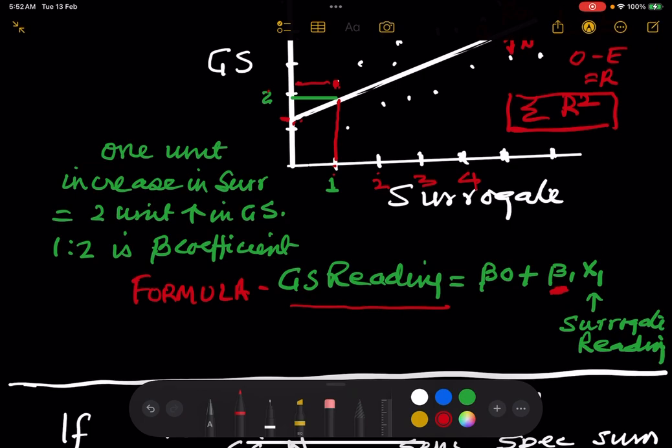So you multiply the surrogate reading with the beta coefficient, add some constant number to it, and you will get the gold standard reading. This is called correlation coefficient or linear regression.